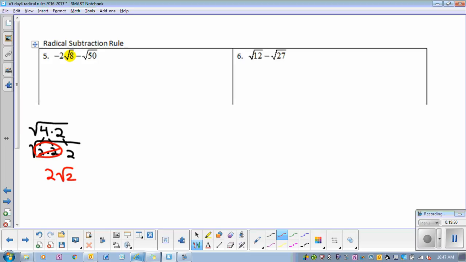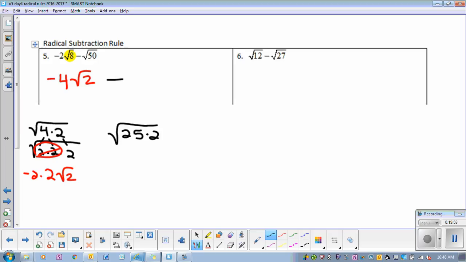Okay? Yes? We're coming back? So there's already a negative 2 on the outside, so you have to multiply that with the outside number. Negative 4 root 2. Okay? Minus, well, let's do square root of 50. 50 is 25 times 2.